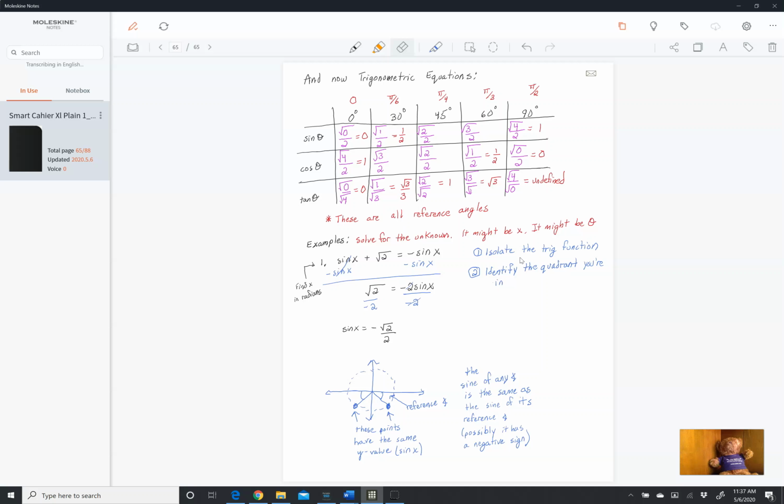So identify the quadrant you're in. What do we mean? The sine is negative. In which quadrants is the sine negative? So the sine is negative in quadrants 3 and 4.